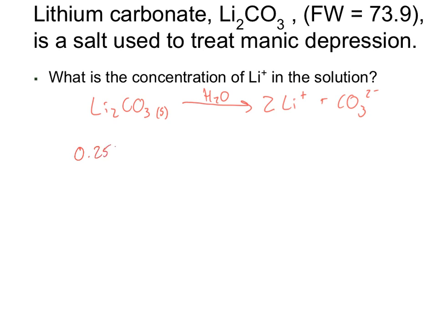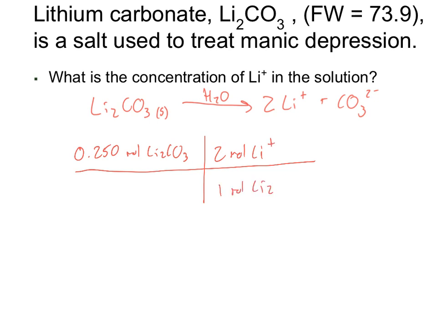Therefore, if I have a 0.25 molar lithium carbonate solution, I have 2 moles of lithium per every 1 mole of lithium carbonate, and so I have 0.500 molar lithium plus.